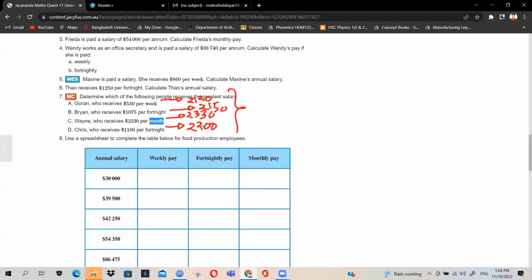Let's try it with days and see if that gives us the greatest salary for Chris. For Chris, $1,100 fortnightly. Fortnightly is 14 days, right? So 1,100 upon 14.